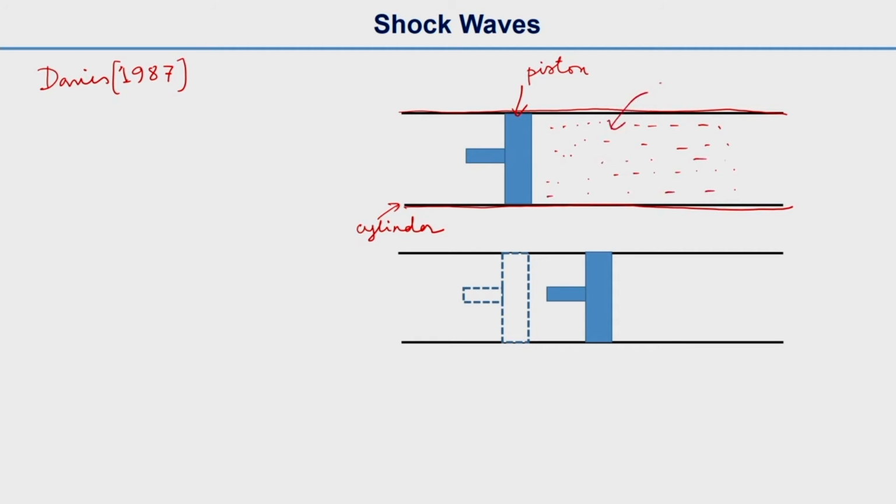Let us say this is an idealized piston, and this part has compressible material, or in this case, as we know, we can assume it as a fluid.